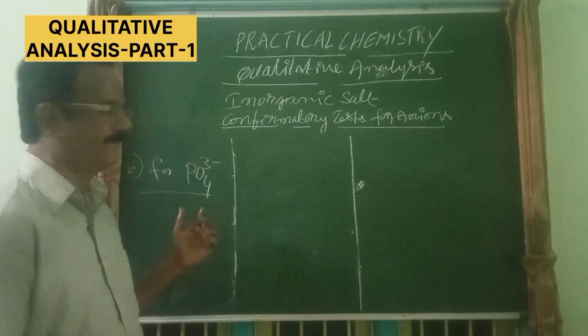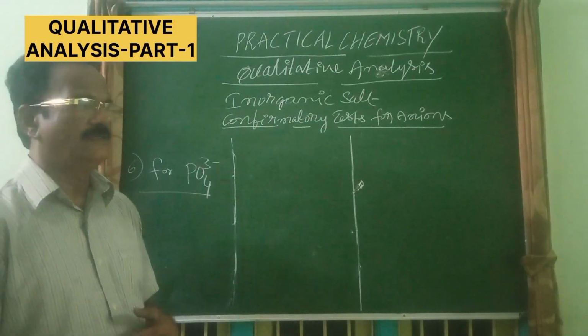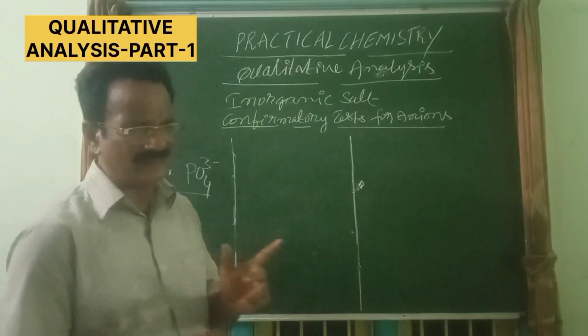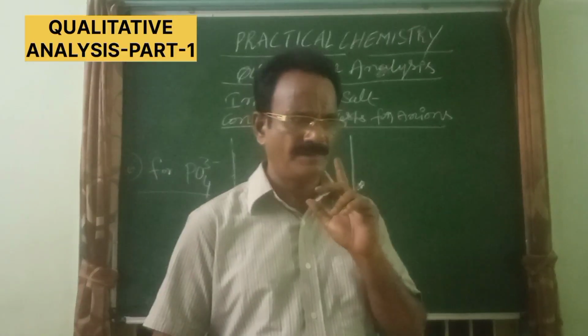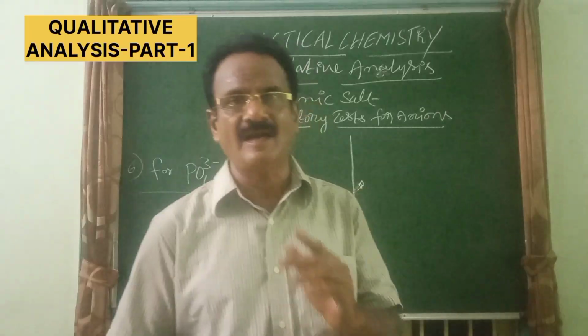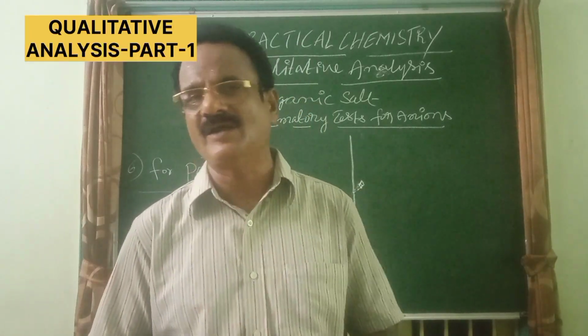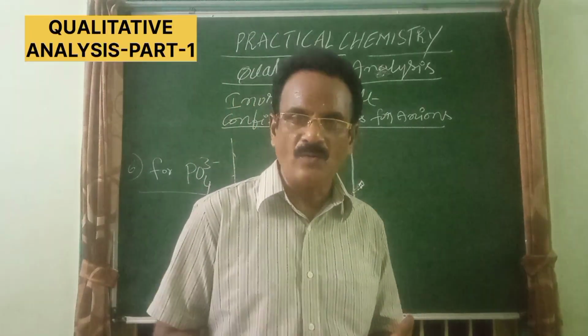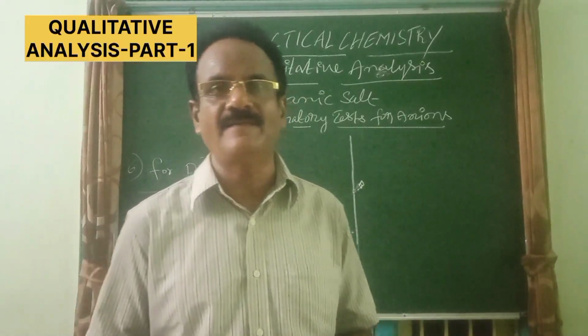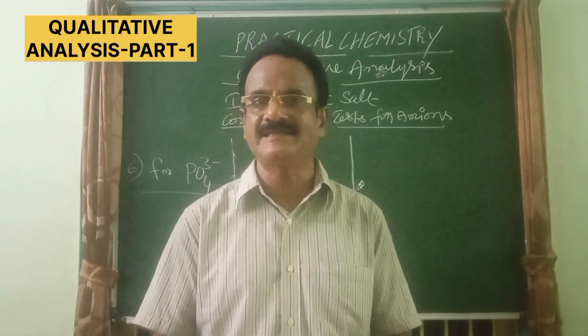Confirmatory test for phosphate. Okay, so let us see. We have done the identification test for phosphate by using HNO3 and ammonium molybdate. Now we have to confirm the presence of phosphate by a different test. Is it clear?